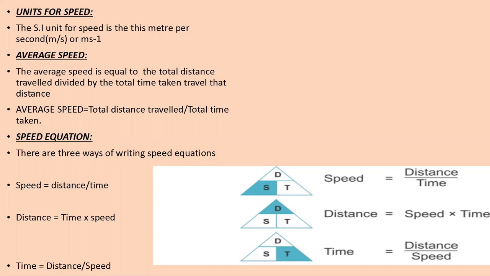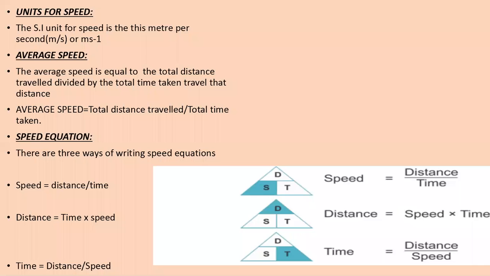For example, if you are going from Karachi to Lahore by train. This train will be moving and there are some stations on the way where it will stop. So how will you calculate the speed? In this case, we take the total distance from Karachi to Lahore and the time taken.